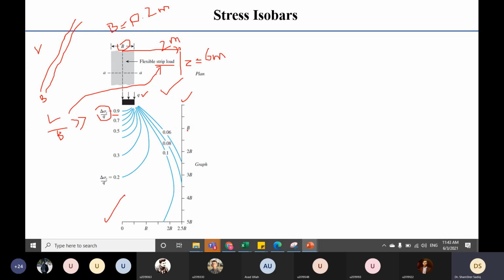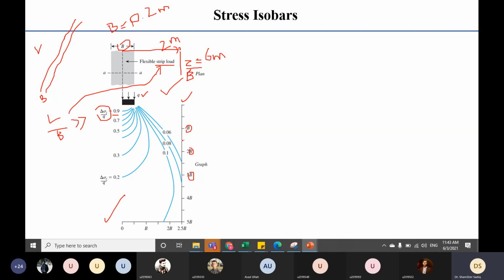So you have to normalize the depth, z by B. You have to calculate z by B, and I will explain in the example how to use the values further. Similarly, you will calculate the x coordinate.